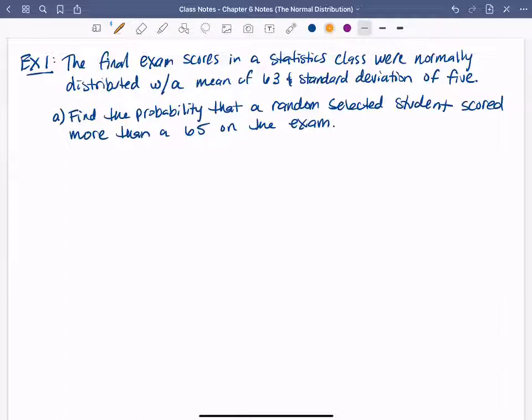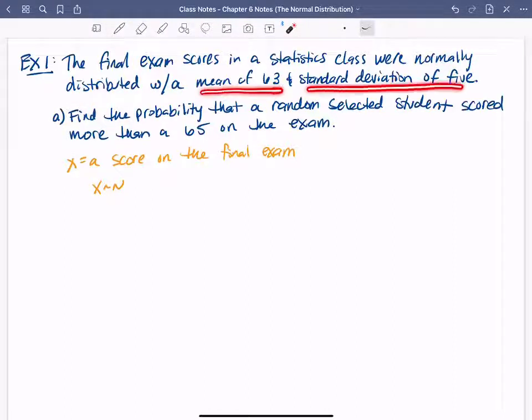So our X represents a score on the final exam. Okay, and X is normally distributed because it says right here, normally distributed. Our mean is 63, standard deviation 5.